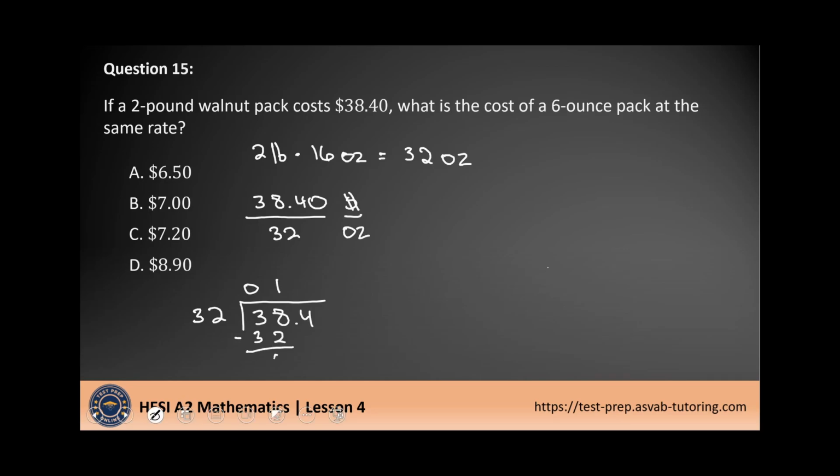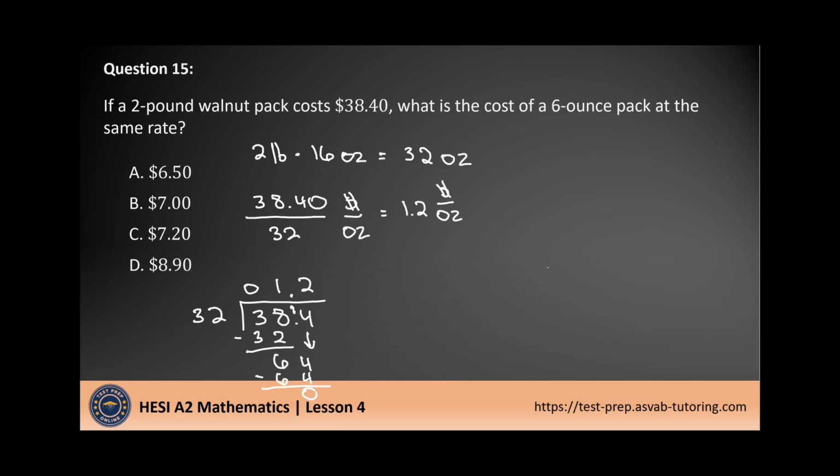Subtract, and we have a remainder of 6. Bring down our 4. 32 goes into 64 twice, exactly 2 times. 2 times 32 is 64. Subtract, 0 remainder. Move our decimal up here, and we find that it's $1.20 or $1.2 per ounce.